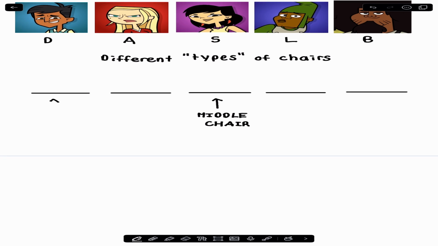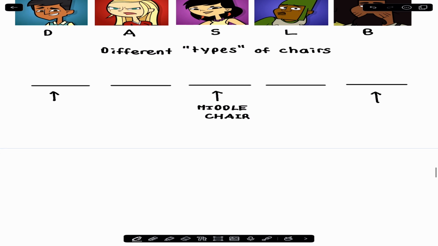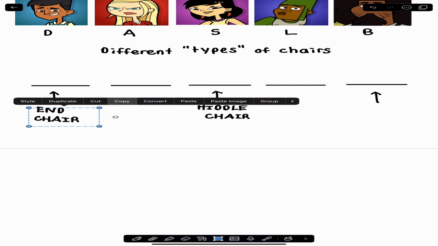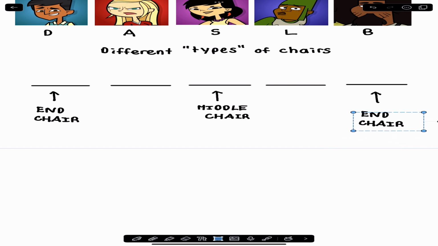These ones over here, they are the same type of chair because they're basically at the end. So these 2 chairs are the end chairs. So they're the same.